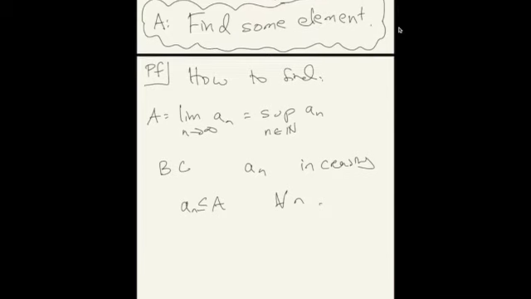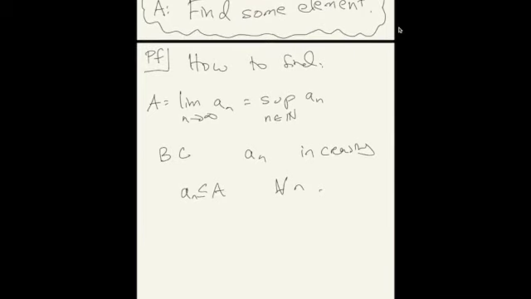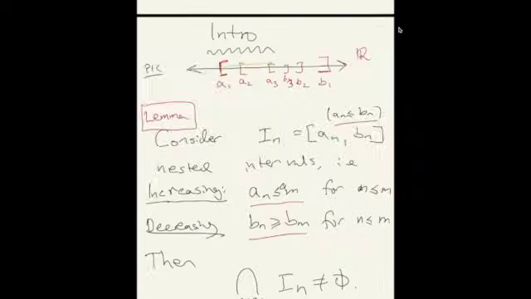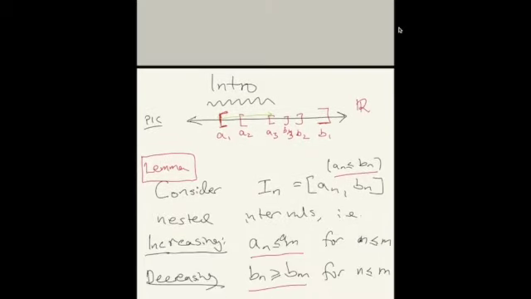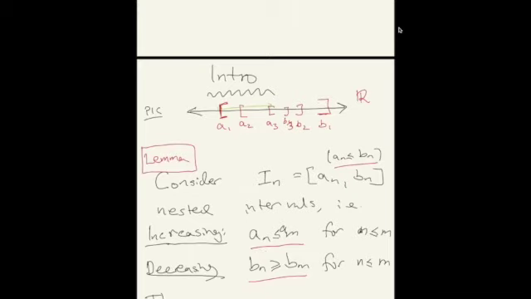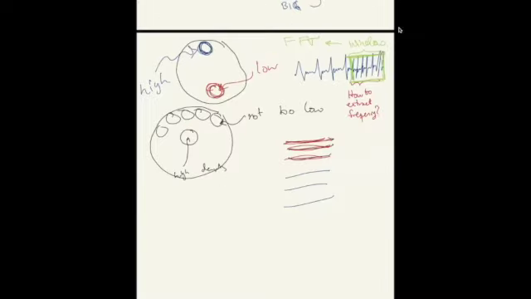So a_n is less than or equal to A for all n. Well, since all of the a_m are less than a_n, less than b_n, for all m and n. I mean, at least pictorially, one could show this directly using these inequalities that we gave, but pictorially, all the left endpoints are to the left of any right endpoint.